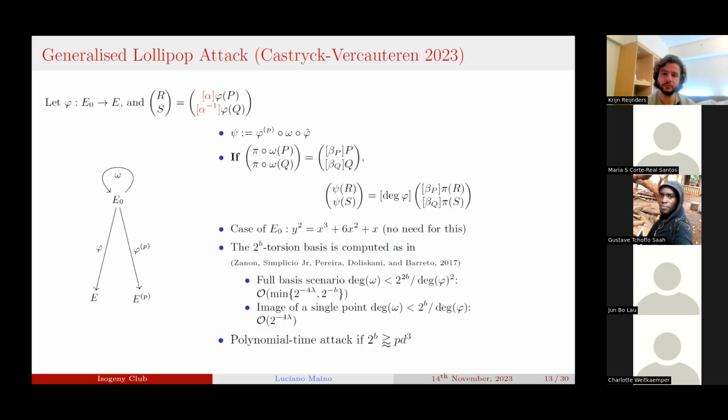Anyway, there are certain instances when this attack can apply, and it's actually possible to craft such a specific endomorphism omega. This is the case when 2 to the b is greater, and actually similar to p times d cubed. But in this case, you're not looking at FESTA, because in this case, the 2 to the b torsion will be a huge extension field, and the protocol FESTA itself will not be practical.